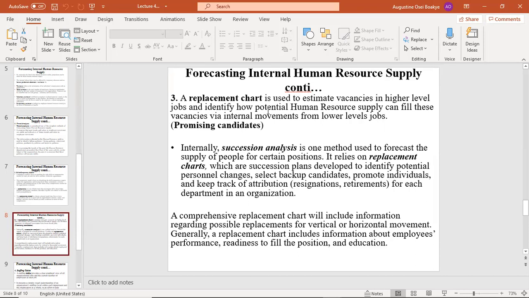This is so because the chart is done by compartmentalizing the entire business organization into its various departments and units. And within each unit, you are supposed to visually present all the people that are occupying key positions in there. And these designations are done on the basis of the job analysis that you did. In terms of the performance of the employees, those outcomes can be obtained from the performance appraisals that you'll be conducting in your organization.